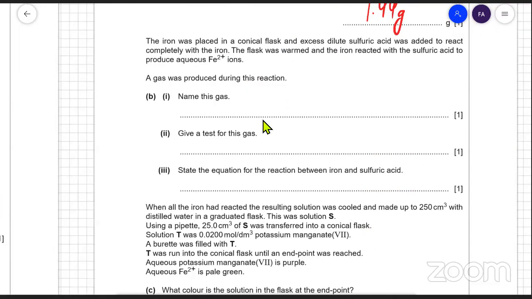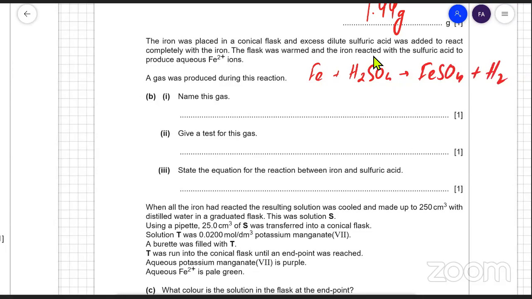The question then stated that this 1.44 grams was placed in a flask and sulfuric acid was added, and it was completely dissolved. He's also told us that Fe2+ ions were produced. So now you have a flask. The flask was warmed and the iron reacted with it. So I'm going to write down the reaction: Fe plus H2SO4 produces FeSO4 plus H2 gas.